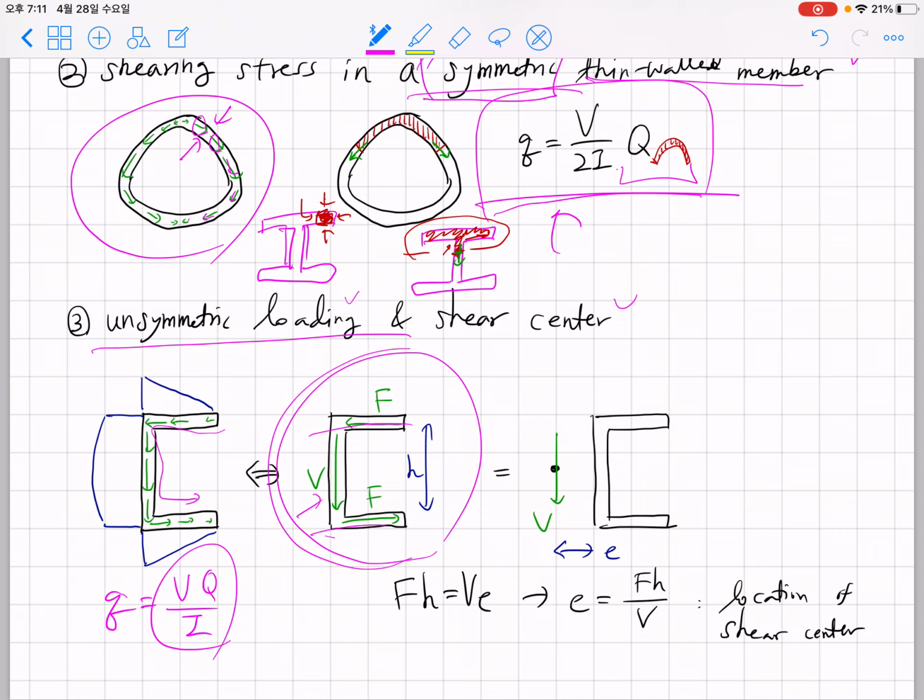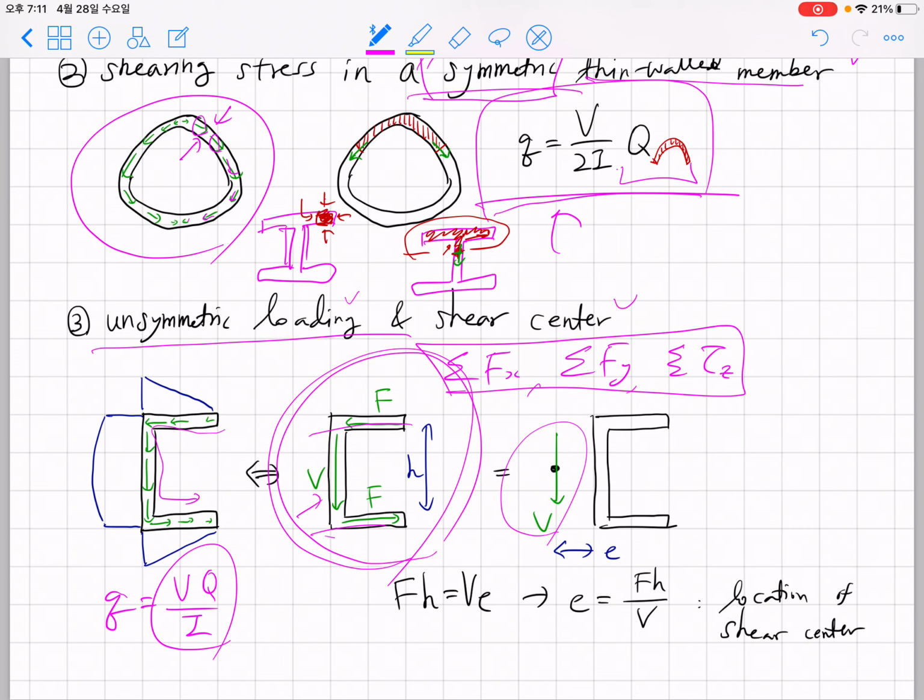Okay, and after looking at this, we can convert this to a statically equivalent problem, including only one shearing force, such that summation of Fx, summation of Fy, and summation of torque are equal between the two problems. Then from this criterion, we can obtain the position of the shear center.